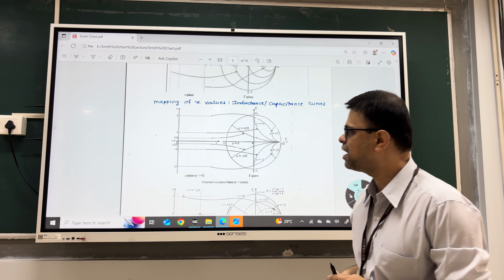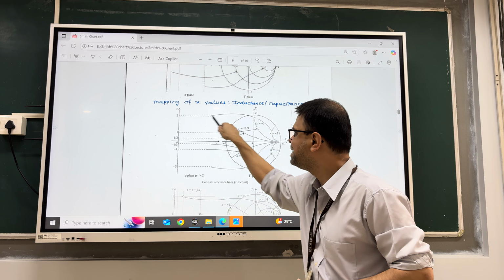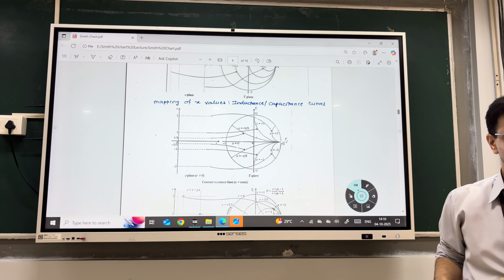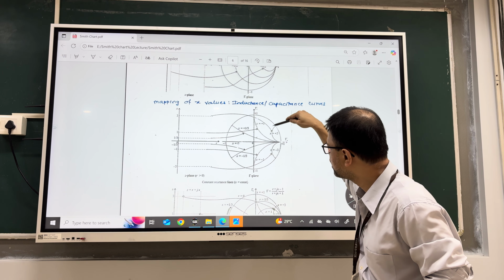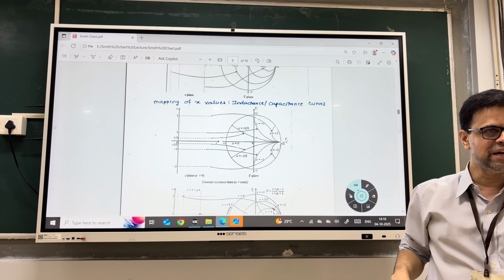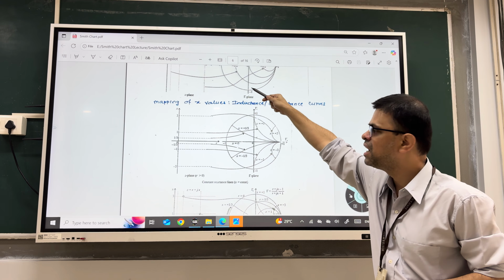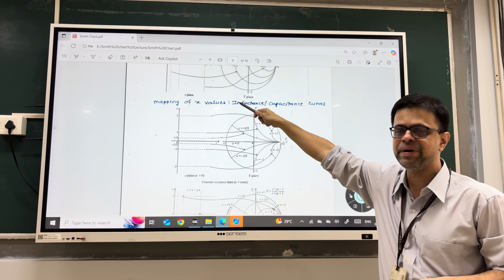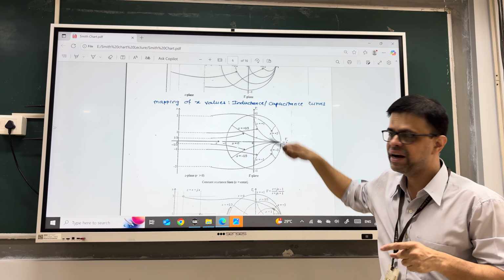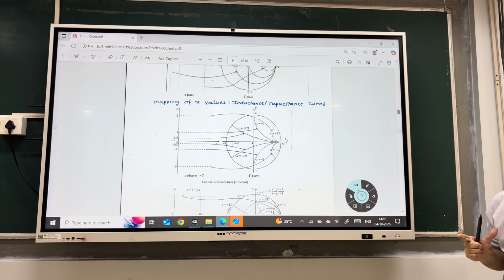So all these horizontal reactance lines are getting transformed into the respective arcs inside a Smith chart, and the vertical resistance lines are getting transformed into circles, not consecutive circles.